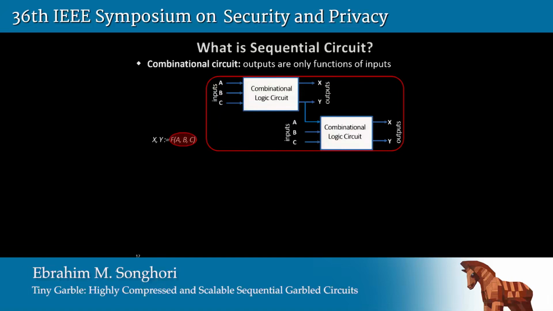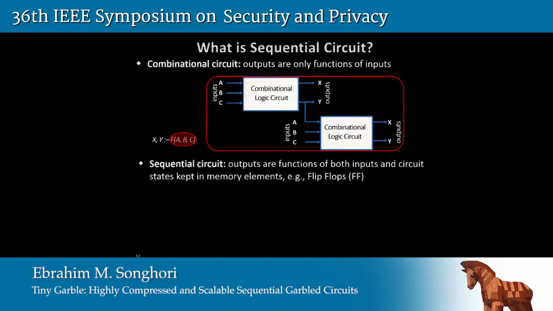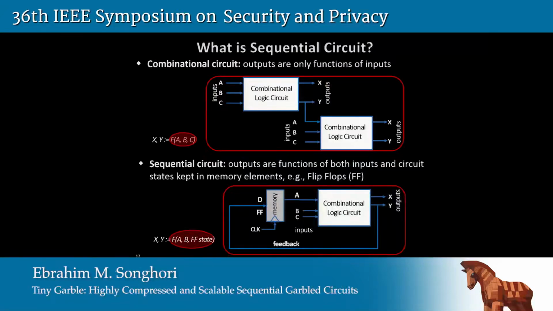There is no loop. While in sequential circuit, outputs are a function of inputs and also the state of the circuit, which are kept in some memory elements, like flip-flops. So we have a loop here. It's not a DAG anymore.